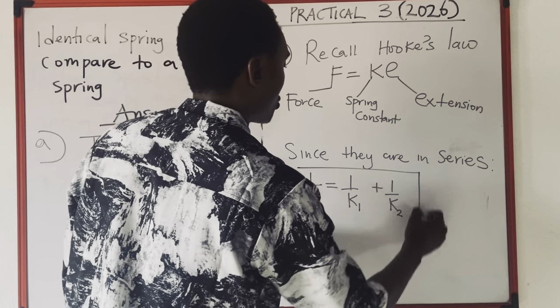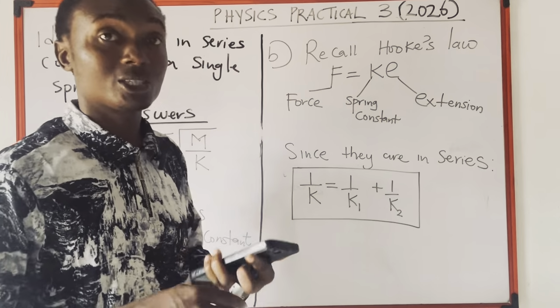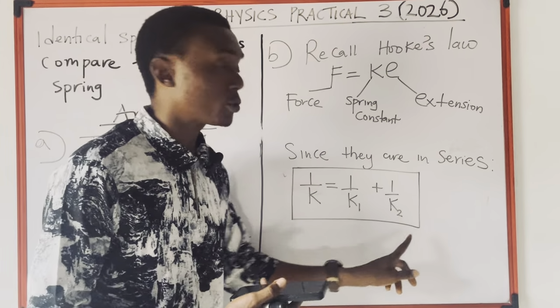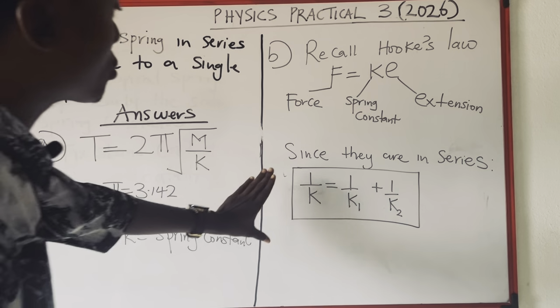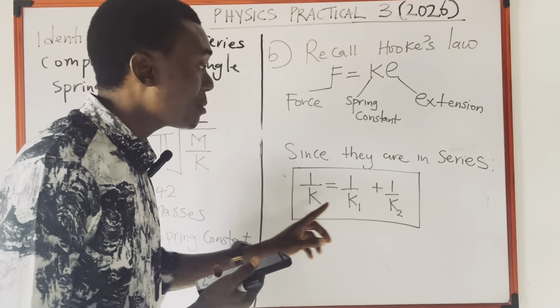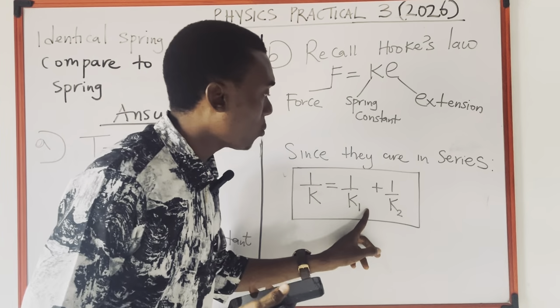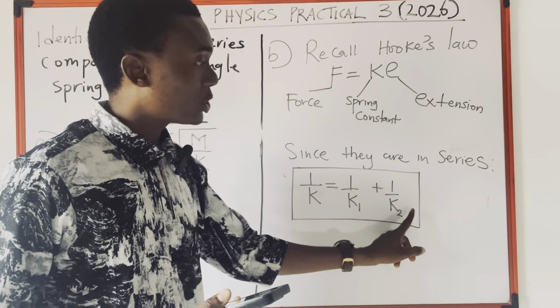And this is what you use to solve spring constants that are in series. Take note. Remember it's two, that's why we have K1, K2.